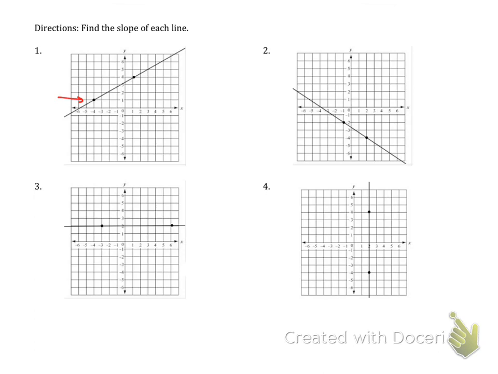So I'm going to start from this point, and I'm going to go up 1, 2, 3. So the vertical change was 3. And now let's look at the horizontal change. It goes 1, 2, 3, 4, 5, went 5 to the right. So our slope for this is going to be 3 over 5.